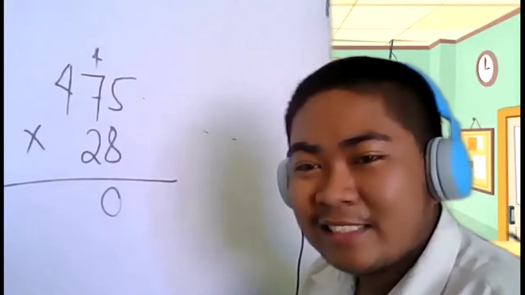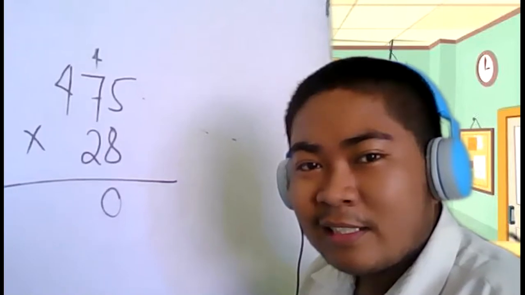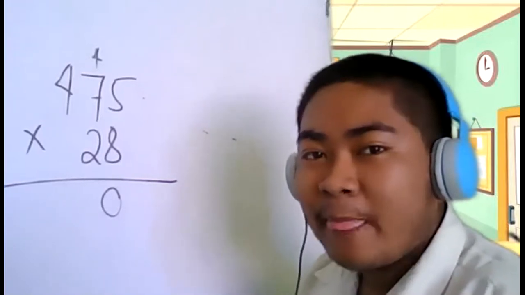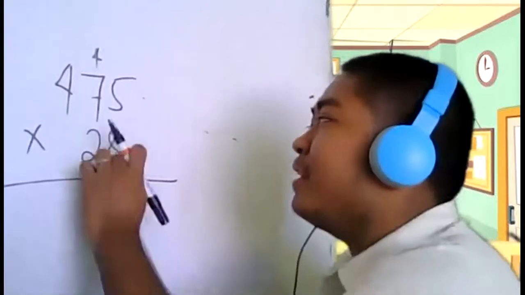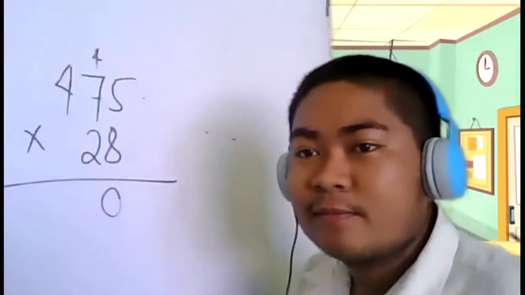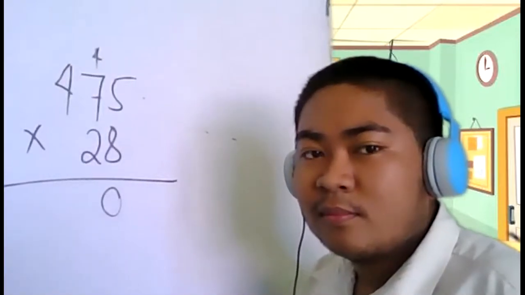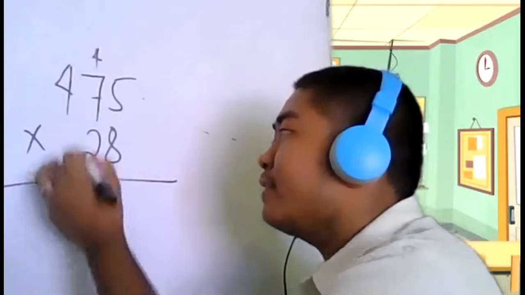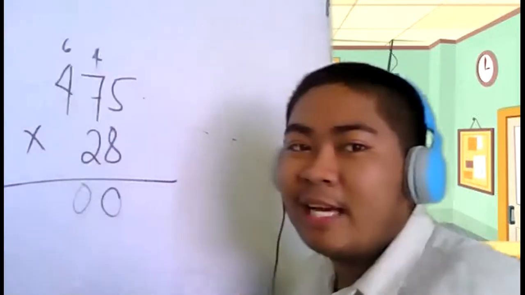Chanel? 56. That is 56. So 56 plus 4, that would be 60. Tama? So dito ulit sa taas.